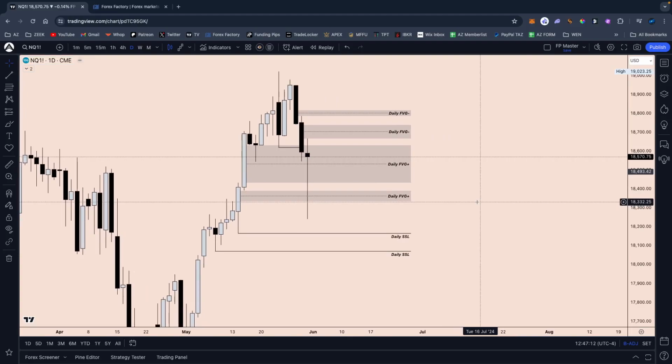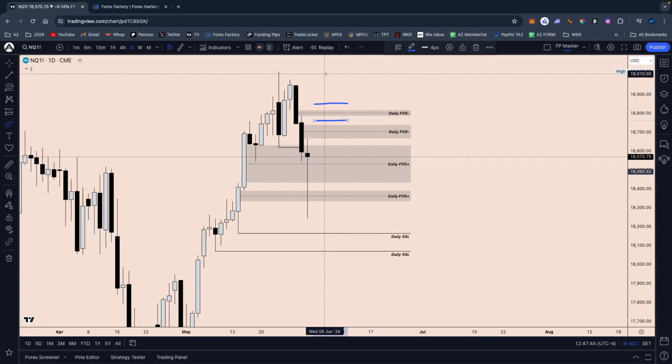I don't know. I'm torn between longs and shorts. I think for now, of course, this rejection here says a lot. But like I said, to really confidently say we're going to continue higher, I would like to see at least the first close above this daily bearish fair value gap, and then take an inversion fair value gap long into this one, just as an idea.